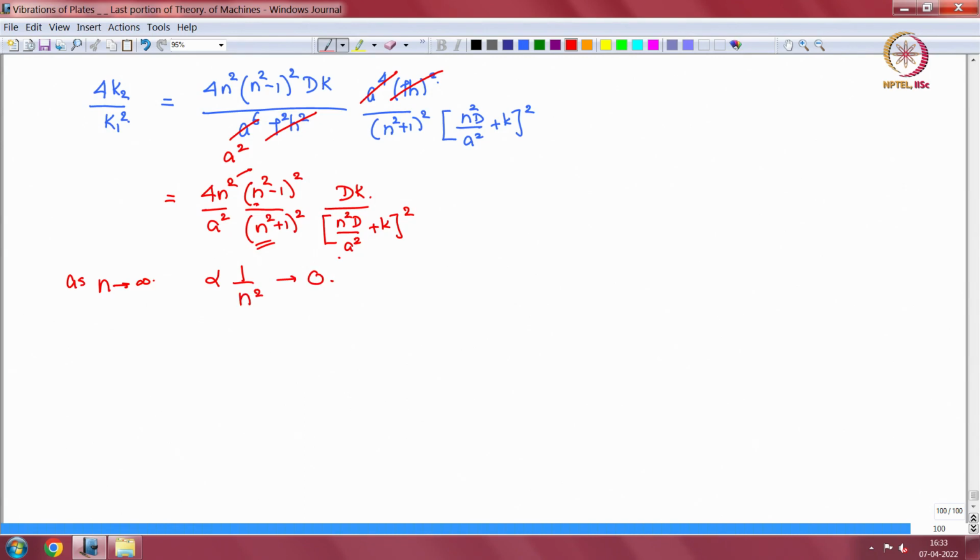Now, to get a physical picture of this set of equations, we take a case where n squared D by a squared is much less than k. Okay, we will look at this case.